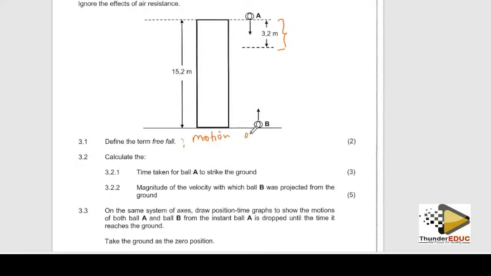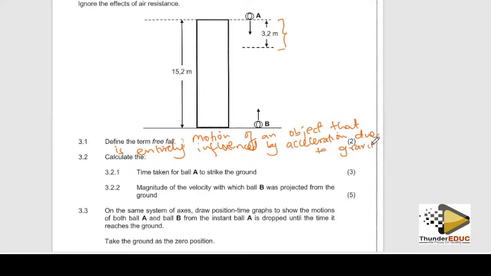The motion of an object that is entirely influenced by acceleration due to gravity. That would be my mini description.